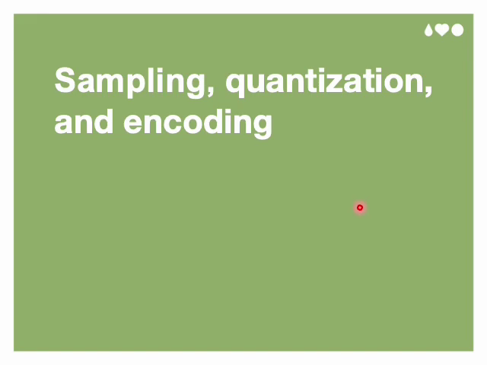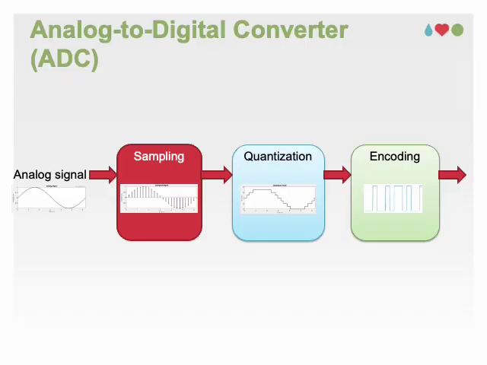Let's dive right into the sampling and quantization procedures. An analog-to-digital converter, or ADC, contains mostly three steps, as shown here. The analog signal as input is sampled in time.